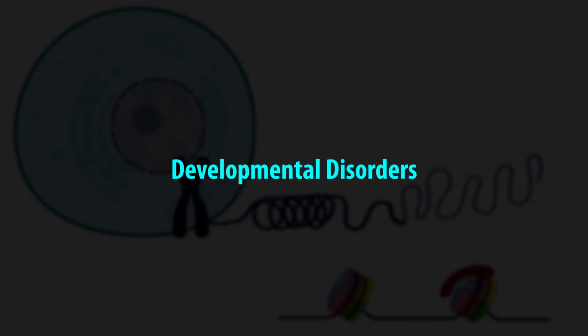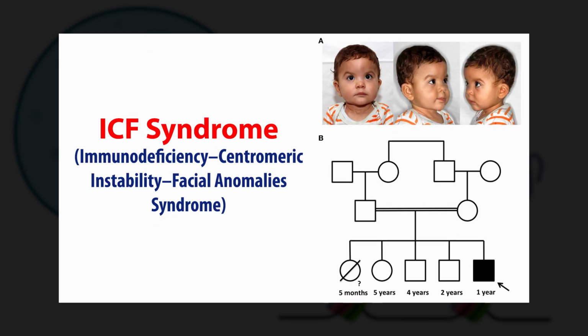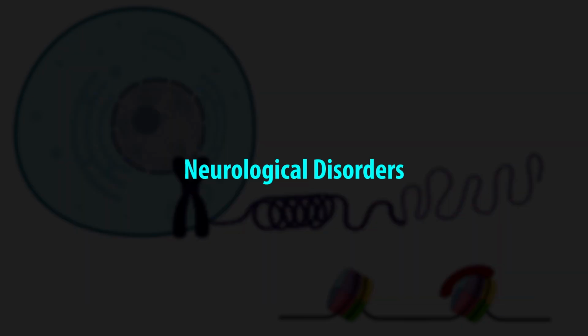Next are the developmental disorders. Diseases like Rett syndrome, with mutations in MECP2, and ICF syndrome, which is immunodeficiency, centromeric instability, facial anomalies syndrome, arise from defective chromatin regulation. Next are the neurological disorders.